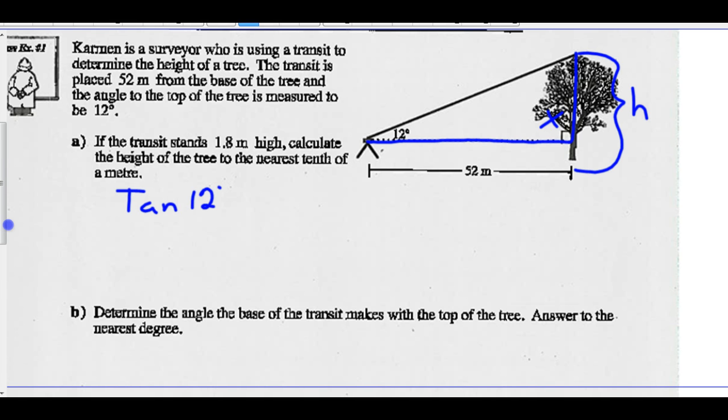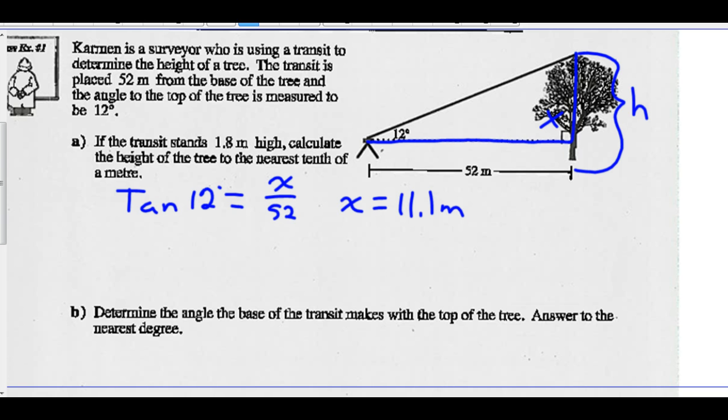So tangent of 12 degrees is x over 52. We now go ahead and solve for x, using our calculators. So 52 times the tangent of 12 will give us x. X turns out to equal 11.1 meters, to the nearest tenth.